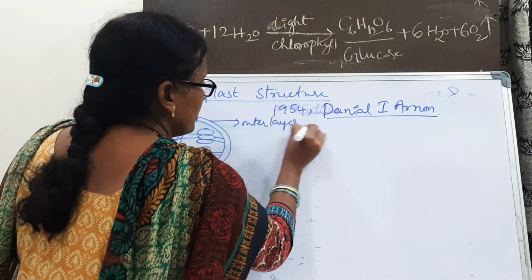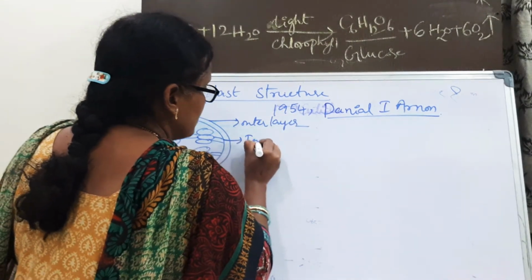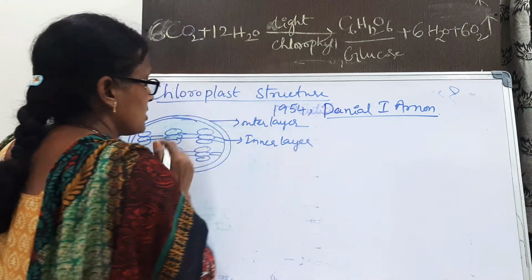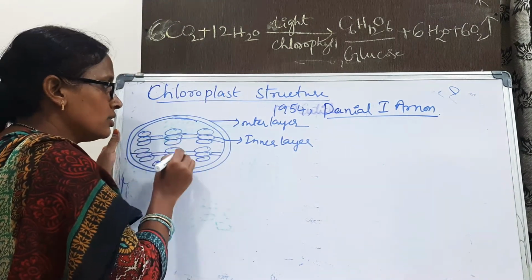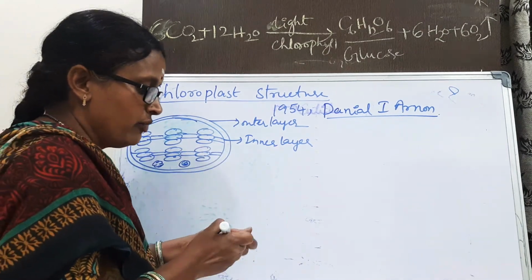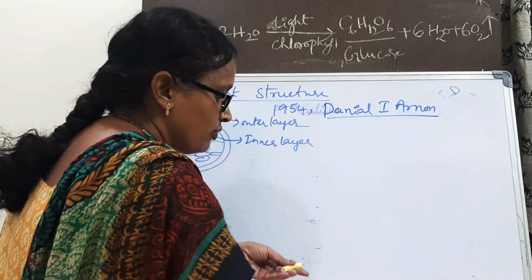The chloroplast consists of an outer layer and an inner layer, the outside layer and the inner layer, and the third layer is folded into sack-like structures. If you arrange coins one after another, it shows a pile of coins.